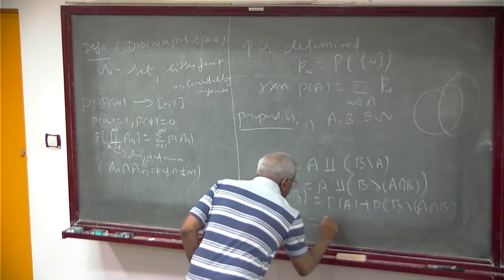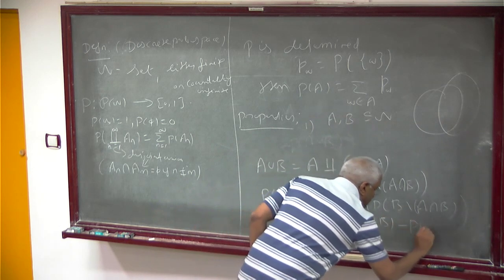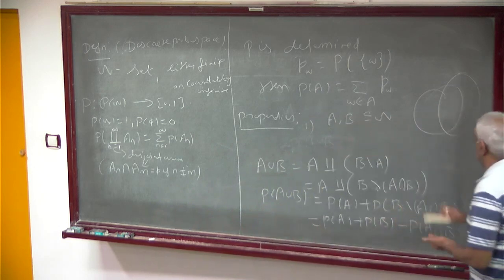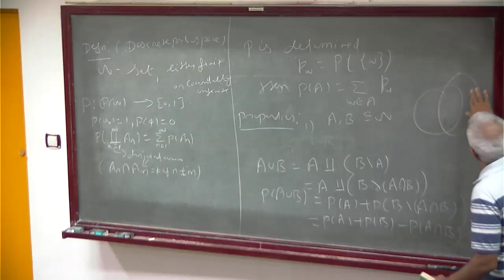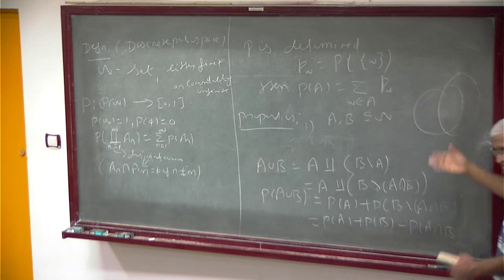So this implies P of A plus P of B minus P of A intersection B. These are three disjoint sets, and you can see it from the diagram.